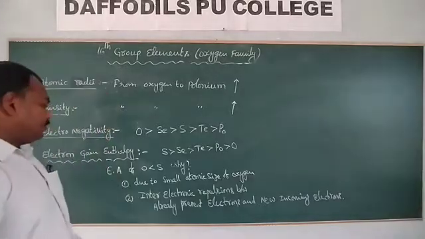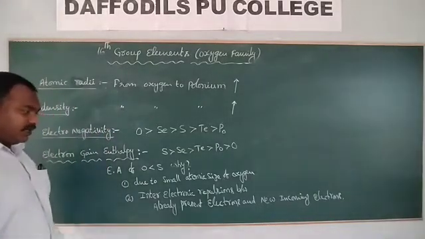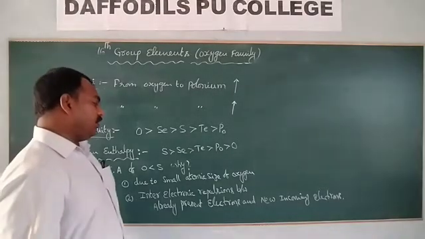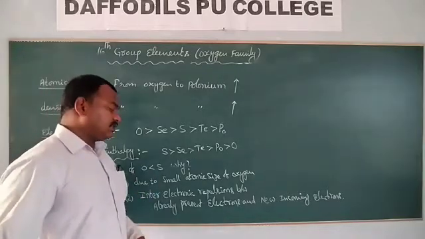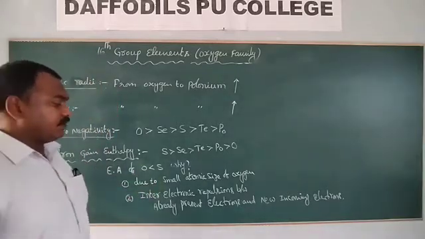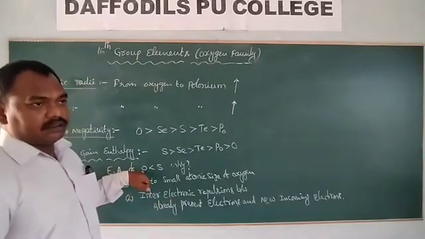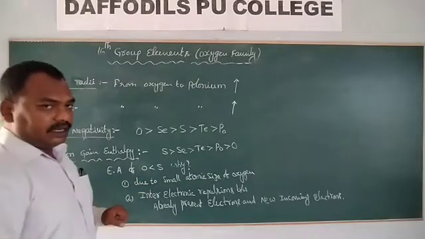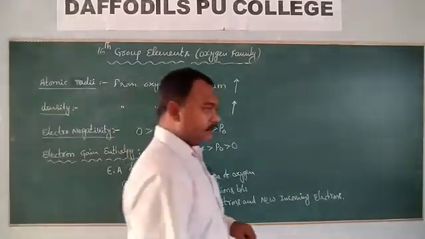So this is the reason. Electron affinity of oxygen is less than sulfur because inter-electronic repulsions are more in the case of oxygen, so it is not going to accept the electrons that easily.